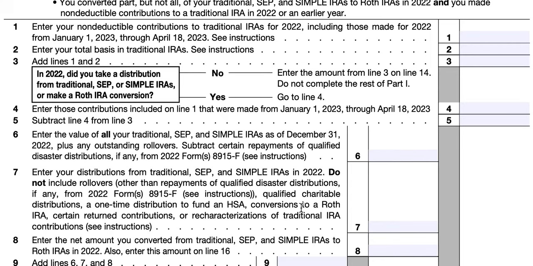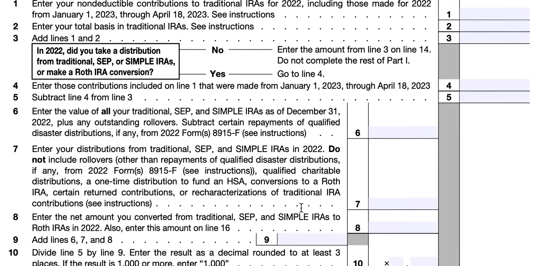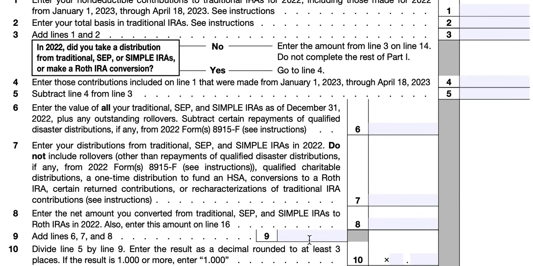This is also the same number that will go into line 16 when we start going into detail about Roth conversion amounts. Then on line 9, you'll add line 6, line 7, and line 8 and come up with the total. Then on line 10, you will divide the value in line 5 by the value in line 9.